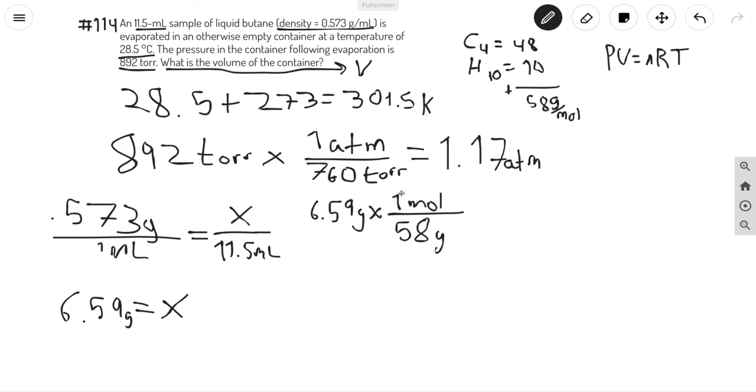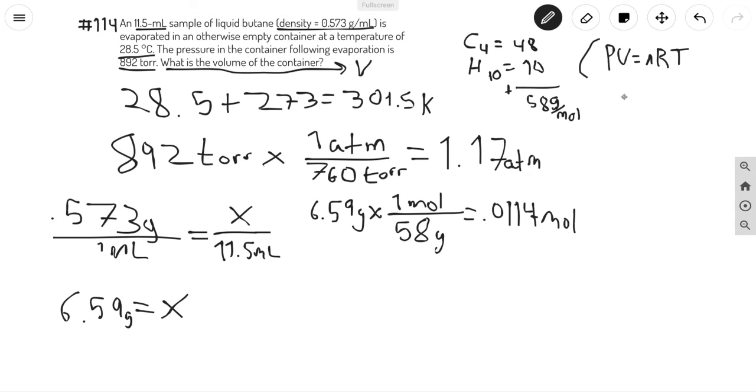And then these grams would cancel, and then 6.59 divided by 58 gives you 0.0114. So now you have your amount in moles of liquid butane.